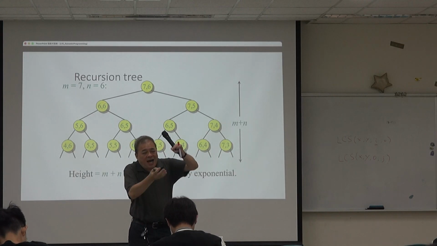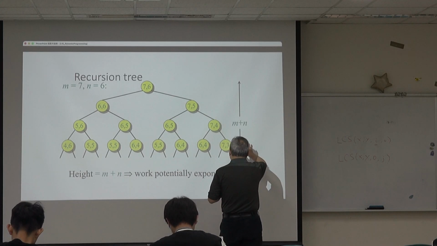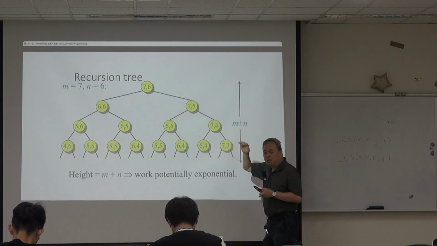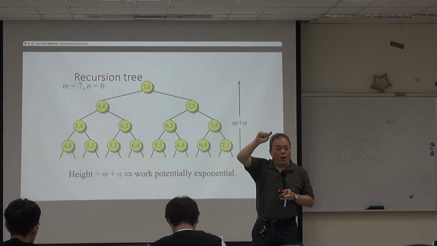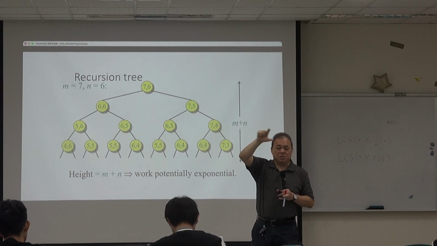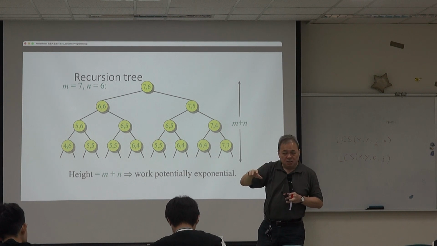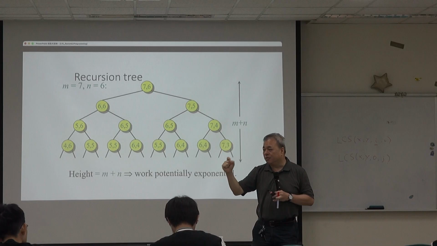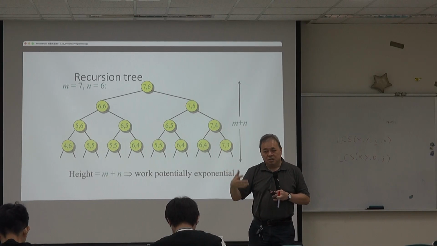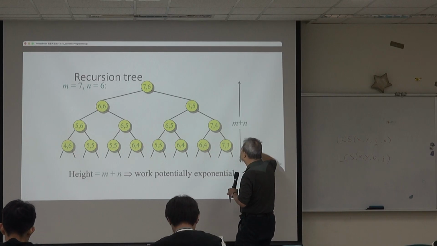So the height of this tree will be bounded by m plus n, because each time you go down, you only decrement one of these two elements by 1. Eventually, the base case is that one of them is 0. So an easy analysis is that the height is bounded by m plus n.